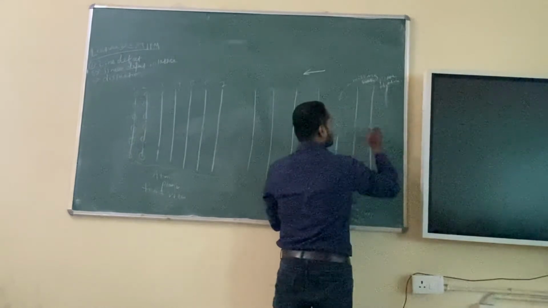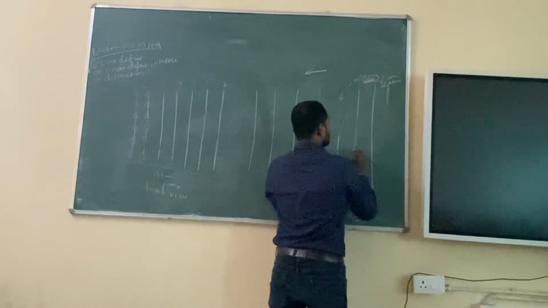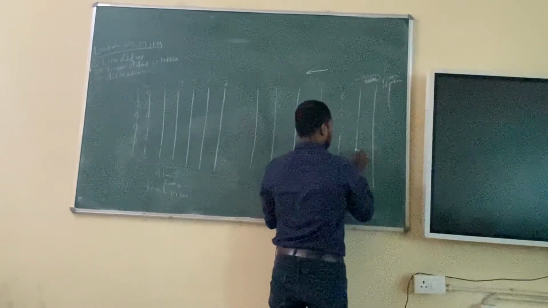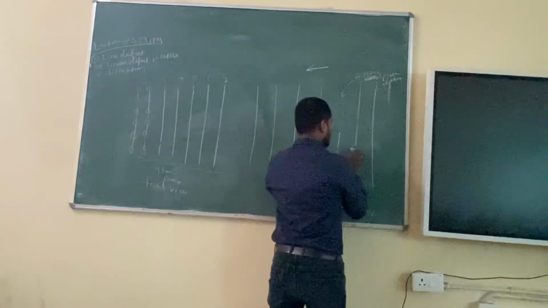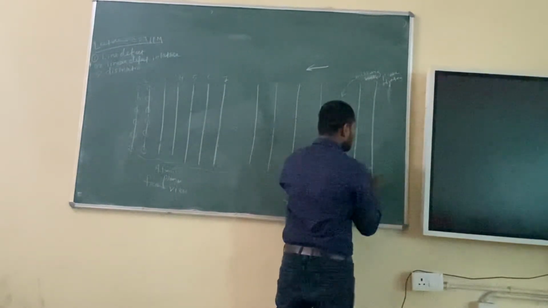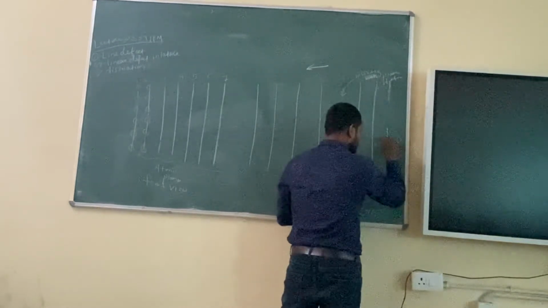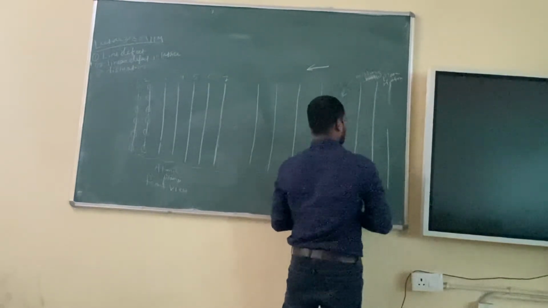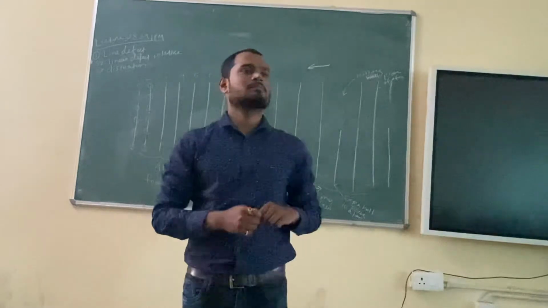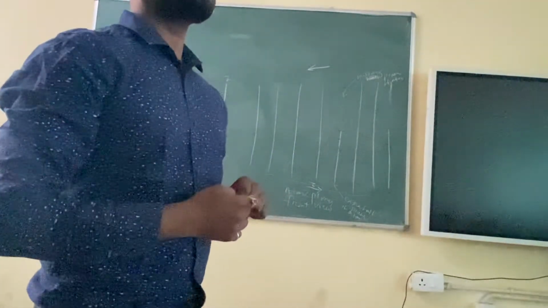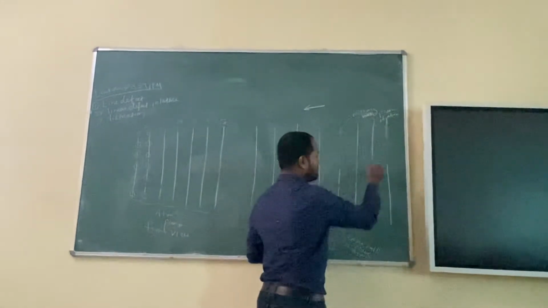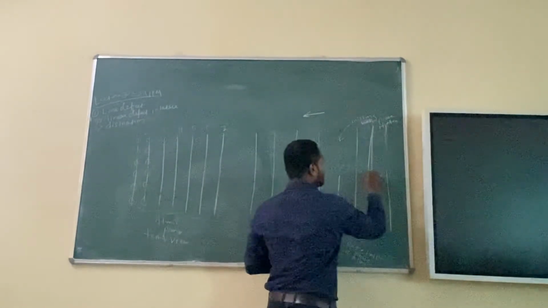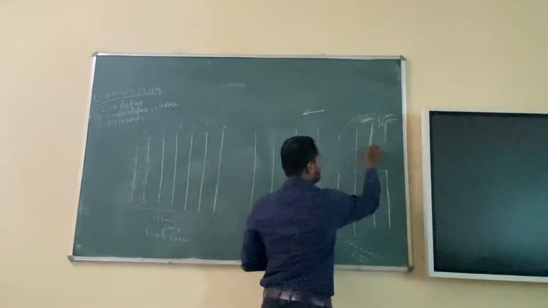So at the end, this one will move here. That means now you will have a half plane of atoms here, and finally you will have a half plane of atoms here, and finally it will come out. At the end this will come out to the surface, and it will form a step kind of thing. You can see this is a step. Right?